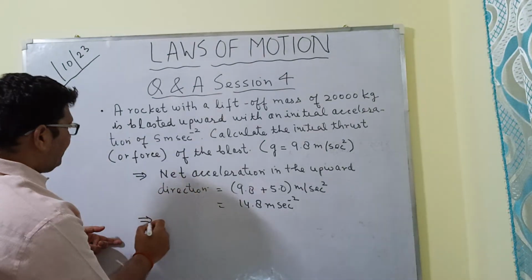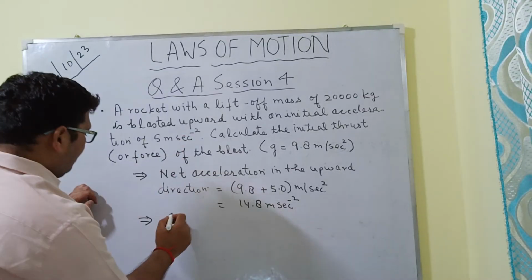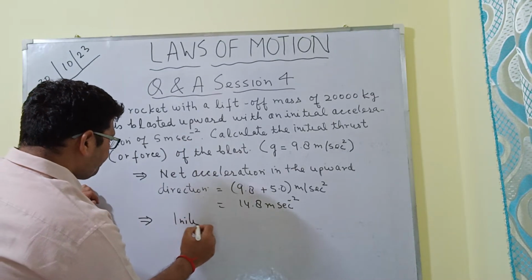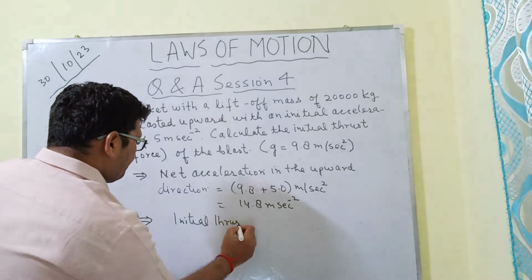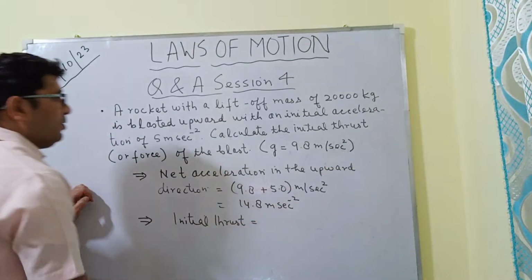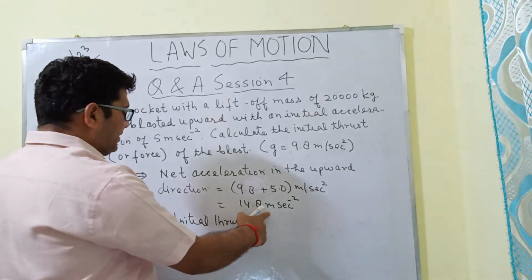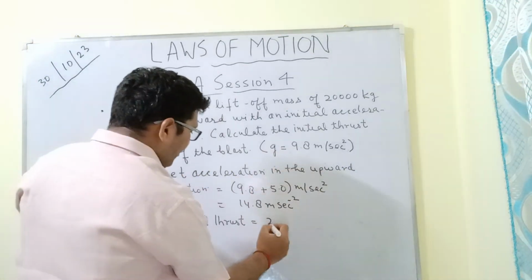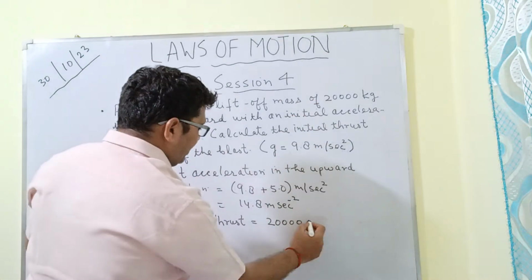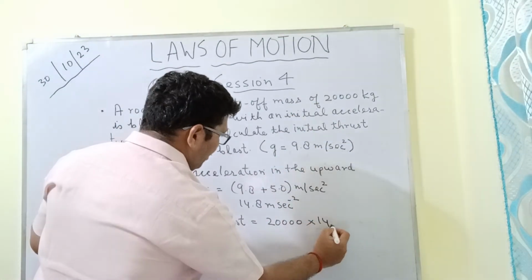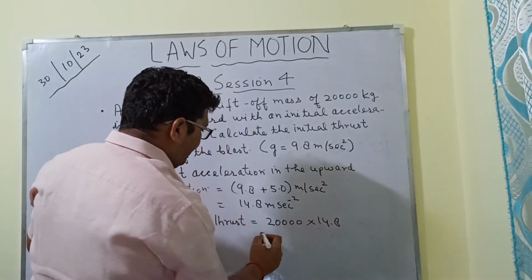So it implies that the initial thrust will be equal to mass into this net acceleration. The mass is 20,000 kg into 14.8.